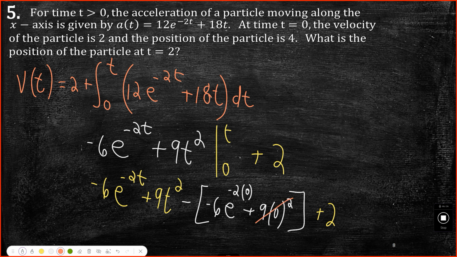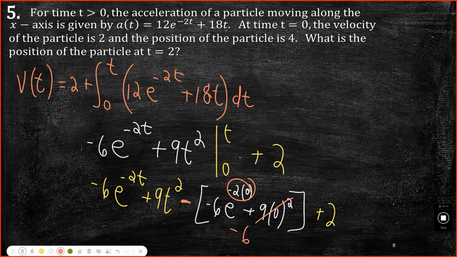But then this is going to be 0. E to the 0 is what? 1 times negative 6 is negative 6. So you would have messed up if you forgot about it. So then this is going to be what? Negative 6 plus 2 is what? Hold on. This is what? Minus what?